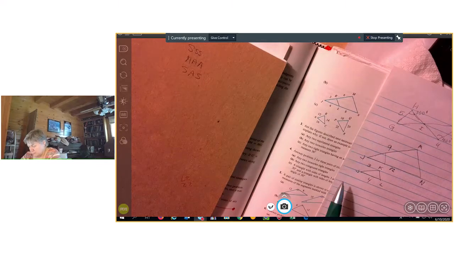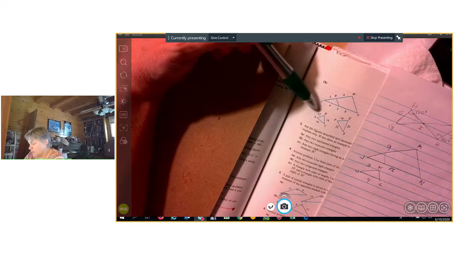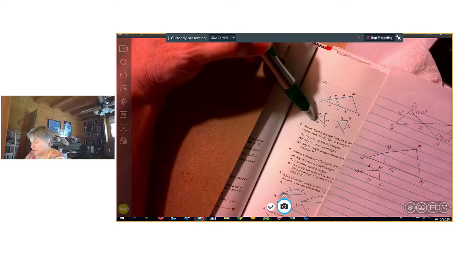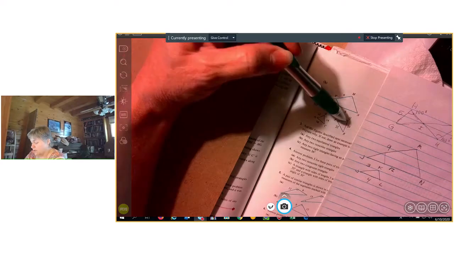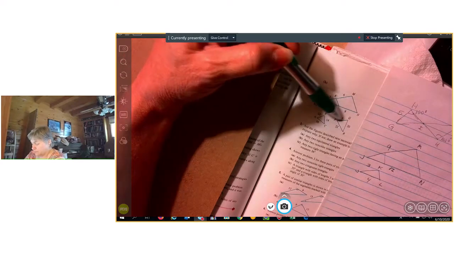Now, remember that if I'm looking at this, it may not be drawn in the same way that it should be drawn. So if I'm saying that this is the short side, then this is the short side here. So they've kind of turned this triangle a little bit.